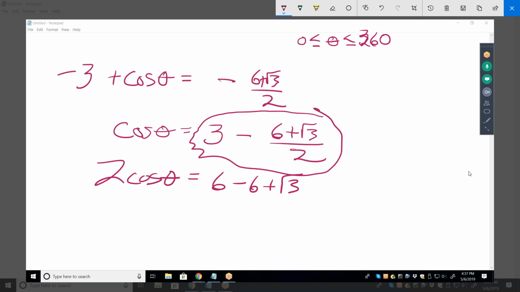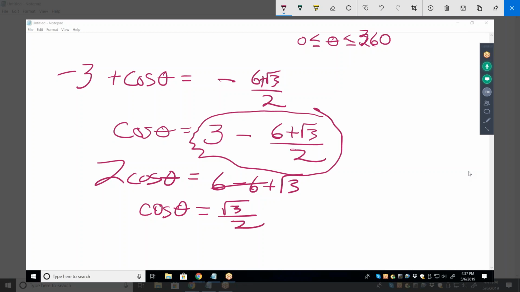What's the next line? Give me that line right there. What's 6 minus 6? 0. Now what's left to do? Root 3 over 2.